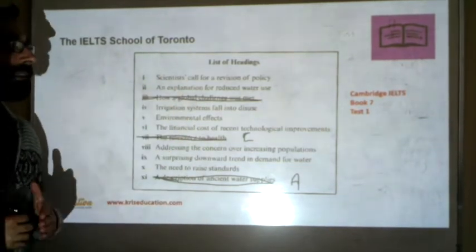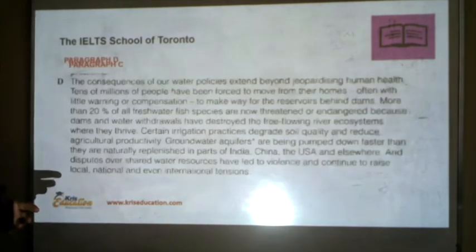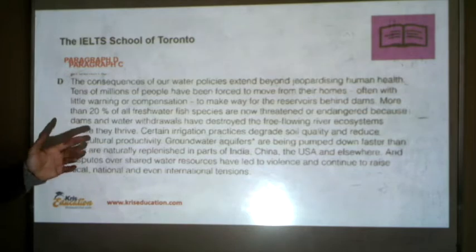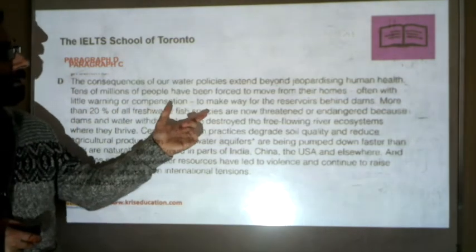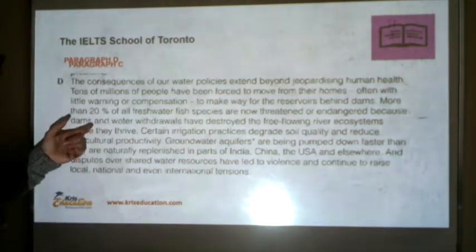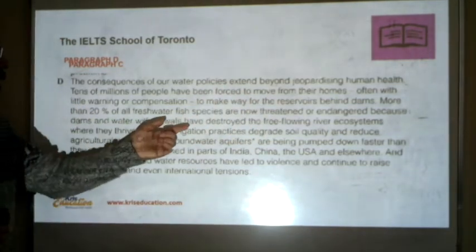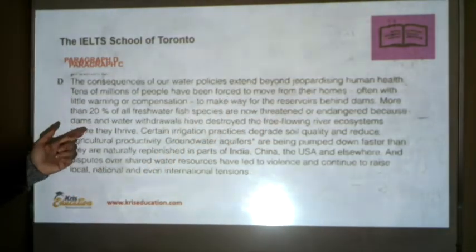If the first sentence takes you nowhere, read the second sentence. And the second sentence is saying, more than 20% of all freshwater fish species are now threatened or endangered because dams and water withdrawals have destroyed the free-flowing river ecosystem.